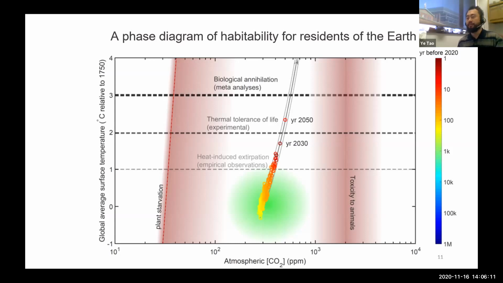On the left side, we know that plants on Earth need some minimum level of CO2 in order to perform photosynthesis, because CO2 is the starting material for sugar making. On the right side, however, many animals become disoriented and show signs of toxicity when exposed for a long time to above 1,000 ppm CO2 concentration.